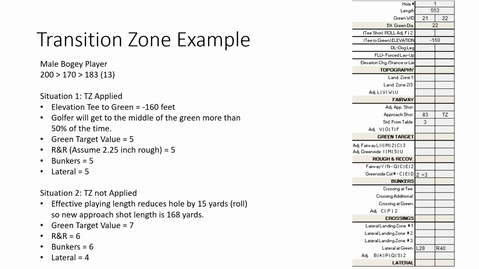That makes it more complicated, and we don't want to make it too complicated, because at the end of the day, yardage is such an important factor in the rating that all the other obstacles, I don't want to say they're insignificant, but they're not as important as the yardage. So whether we're off a point or two on the one hole that we have a transition zone on, it's not going to make that big of a difference.